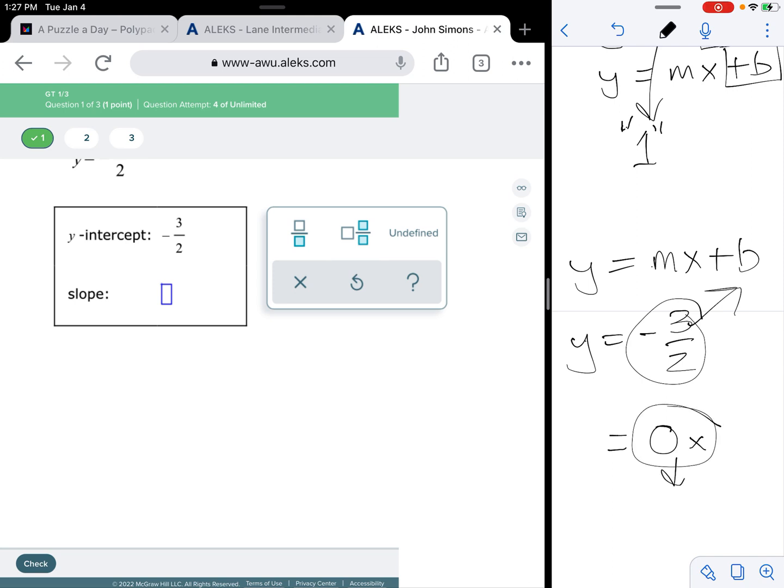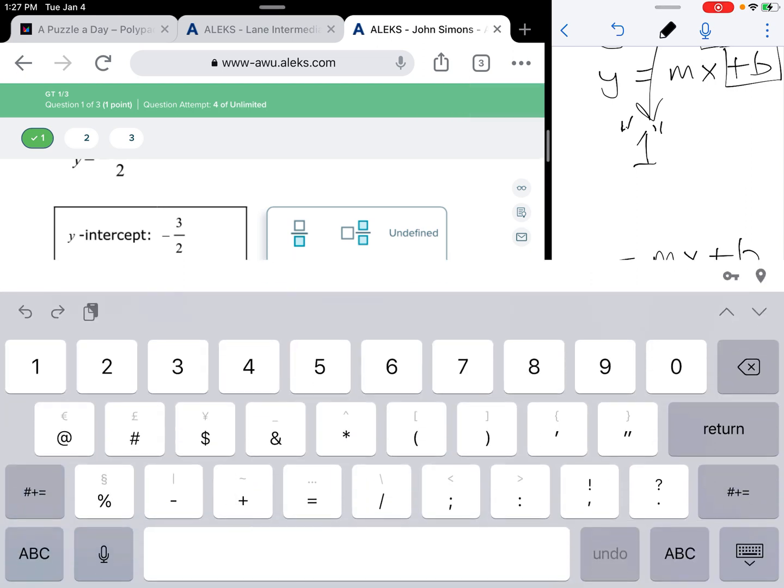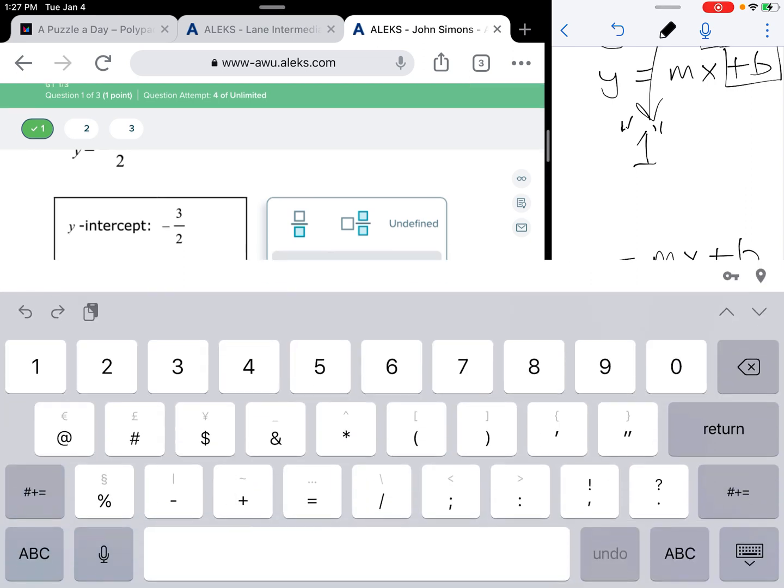Well, that whole term goes to 0. And they're not going to write y equals 0 minus 3/2. That would be silly. They'll just get rid of that and just write y equals -3/2. So your slope for this, when they don't have an x term, your slope is 0.